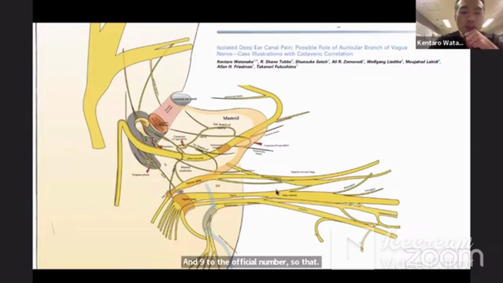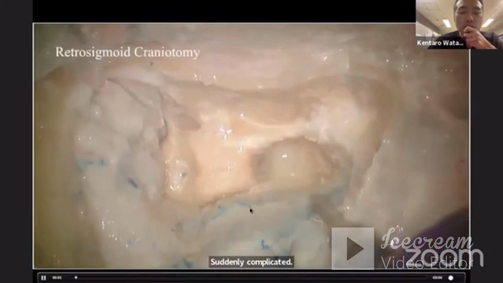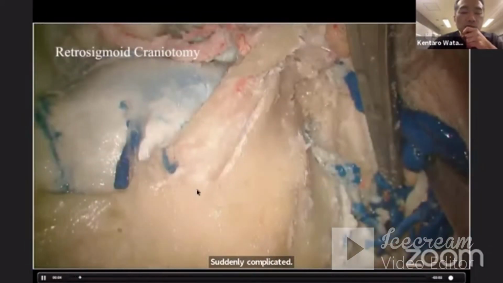So it is complicated. I can show that in the cadaver dissection.